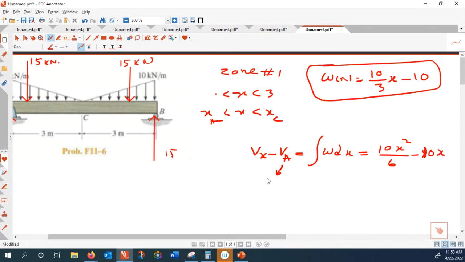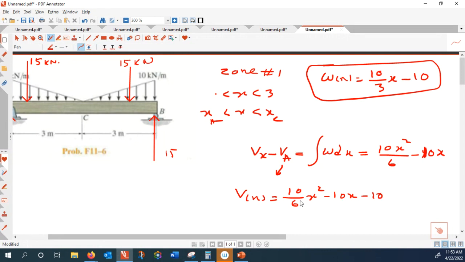But what is v of a? v of a is minus 15. Minus 15 minus is plus 15. Take it to the right hand side, that is minus. So v of x is 10 over 6 x squared minus 10x minus 10.